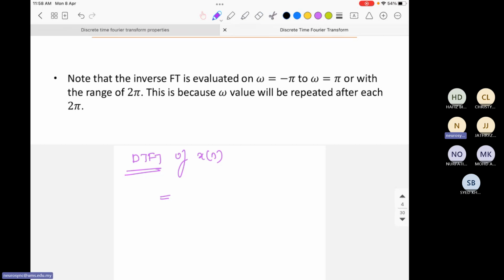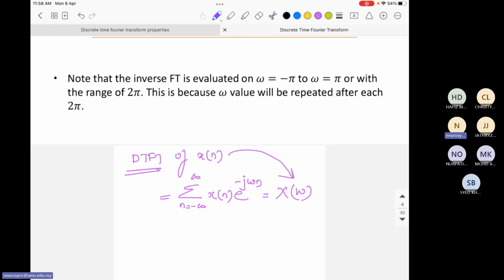We say that it is the projection of the sequence x of n on e to the power minus j omega n, summed from n equal to minus infinity to infinity. Okay, and this is basically denoted with capital X of omega. After transformation, this x of n will give us X of omega.